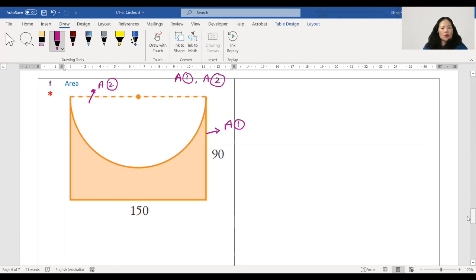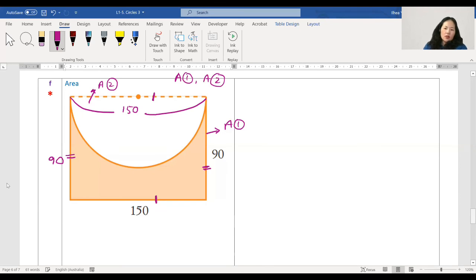And let's put in all the missing measurements. Area 1 is the rectangle. Okay, I can see that it's going to be a rectangle. So that 150 has to be the same as 150 here. So that's going to be this. And that's 90, same as 90.